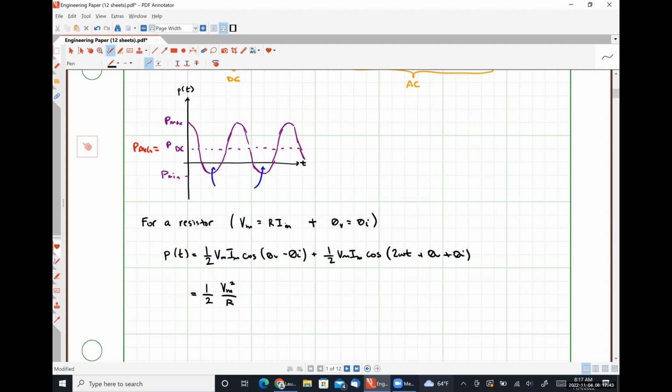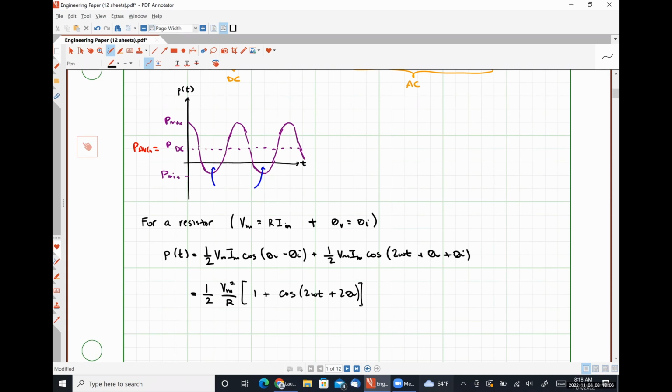So we have a constant term times 1 plus that same 1/2 Vm squared over R cosine twice omega t plus twice theta v.